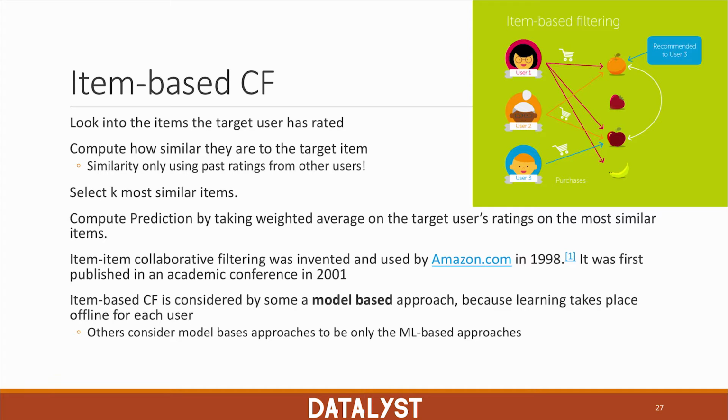So item-based collaborative filtering was used by Amazon, and it was published in an academic conference in 2001. So it's considered a model-based approach because learning takes place offline for each user, since essentially we have to calculate the scores for each user in an offline manner, similar to the way we train a machine learning model.